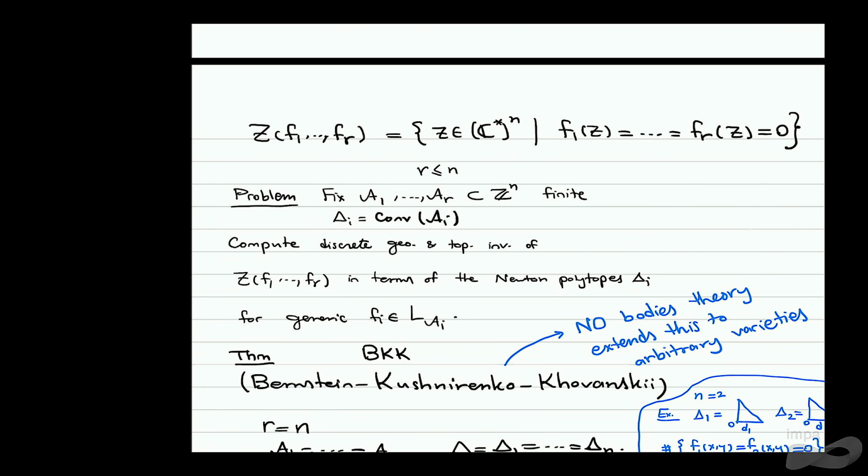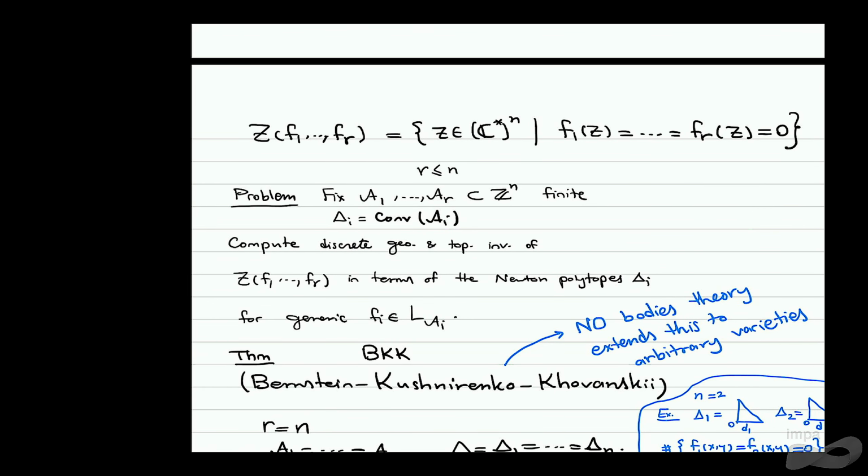Then you look at Z(F1, ..., Fr), and you want to understand some topological or geometric invariants of this subvariety, which we can call a complete intersection because it's given by as many equations as the codimension. But the catch is that we want the Fi's to be generic.